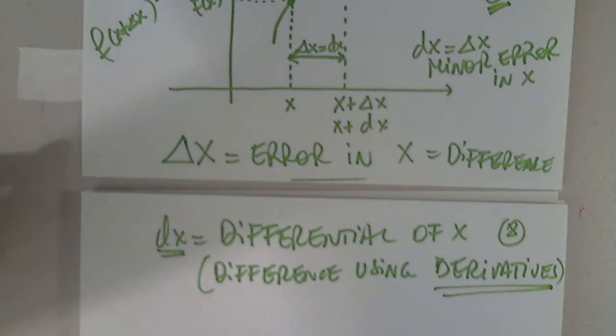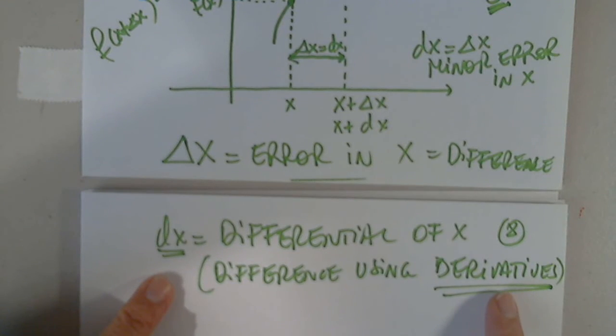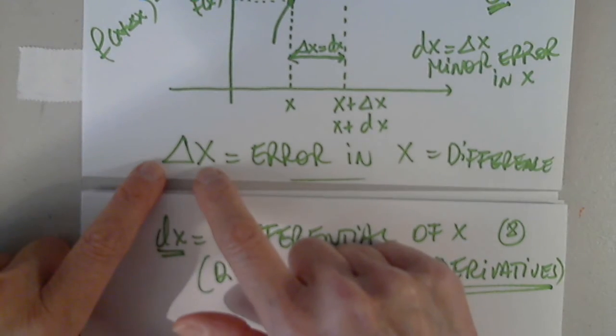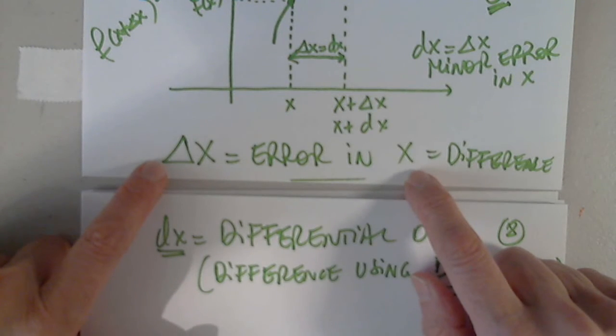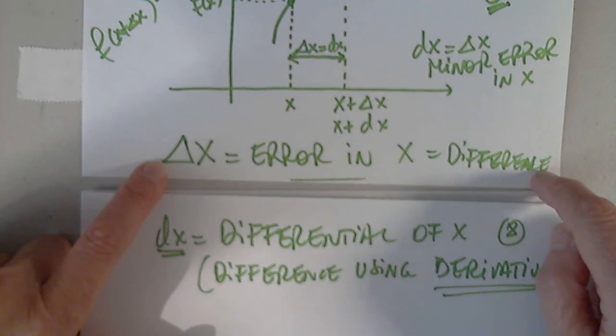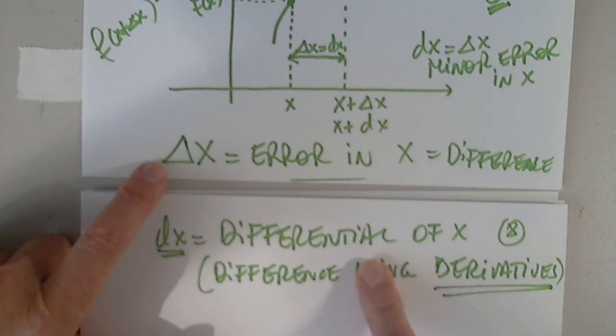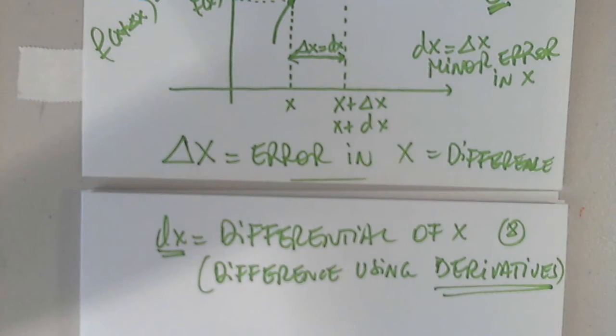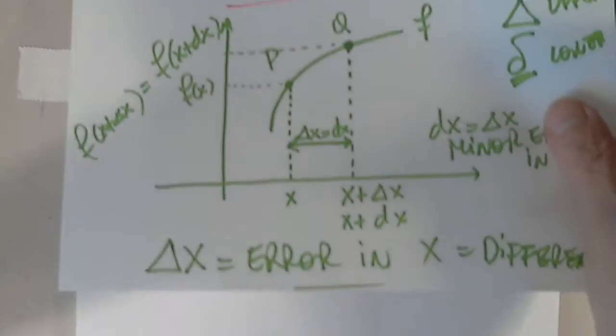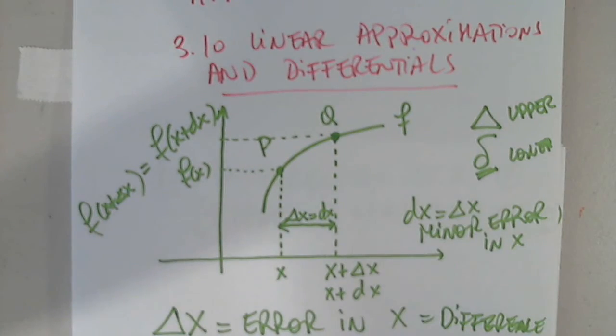But basically, this will involve derivatives. When we talk about this, we talk about derivatives. When we talk about delta x, we talk about the function itself. Still a difference, but of the function. The same thing, but the derivative. Okay, fine. Let's go back to our graph.